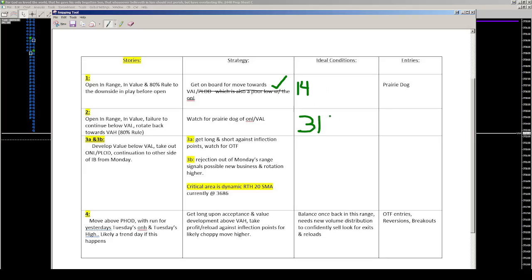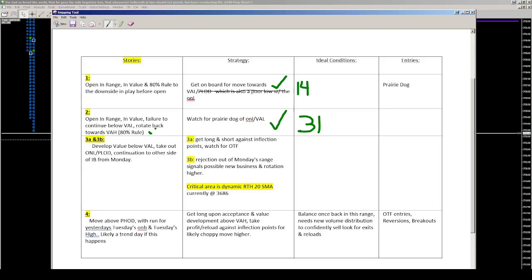And I had a revelation yesterday of how I might be able to do that a little bit easier and capture these moves and take off and add in a lot, because in the ES it can add up quite a bit. But anyway, all right, 31 points potential just for the 80% rule. Okay, so this worked out.